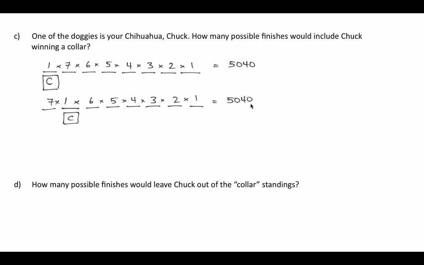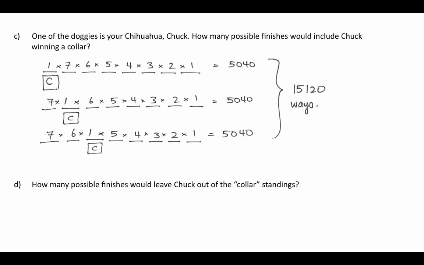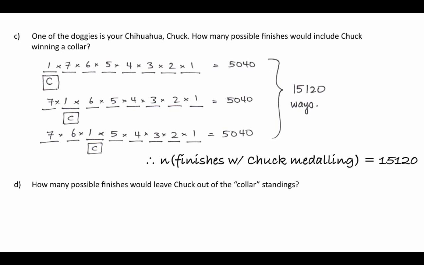And you guessed it, him finishing in third yields the same exact result. So again, mutually exclusive cases. We're going to add them up, and there's 15,120 ways. Basically, the number of finishes with Chuck in the medals is 15,120.